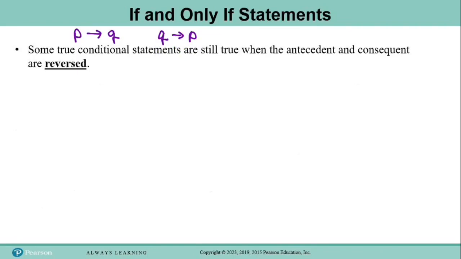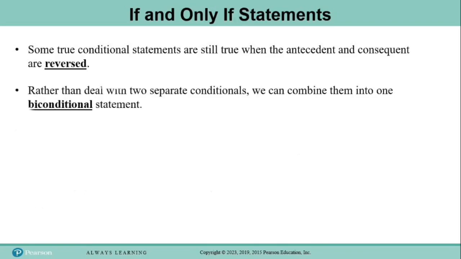So we said that you can't always count on the statement still being true if you reverse the antecedent and the consequent. But some true conditional statements will still be true even when the antecedent and the consequent are reversed. So when that happens, instead of having two separate conditional statements, we can combine those two into one biconditional statement.